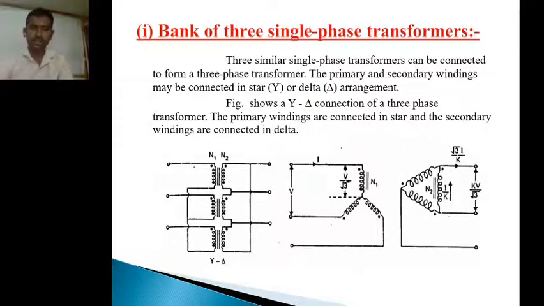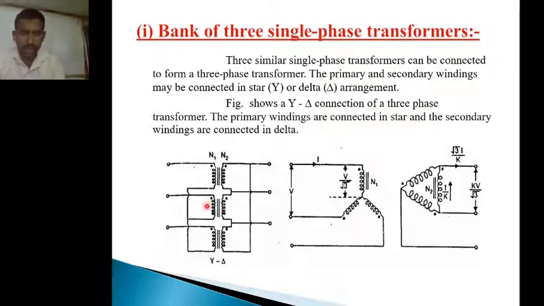Here we have three transformers: this is transformer 1, this is transformer 2, and this is transformer 3. In this, the primary windings of the transformers are connected in star connection, whereas the secondary windings of the transformers are connected in delta connection. How do we say that? By seeing this diagram itself, the primary winding is connected in star and the secondary winding is connected in delta.